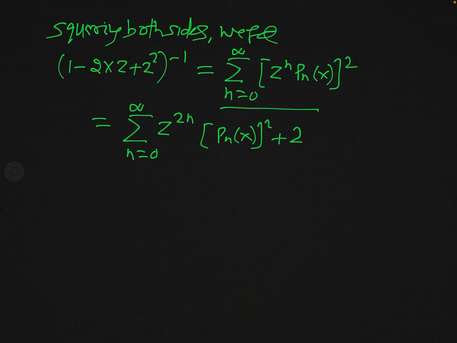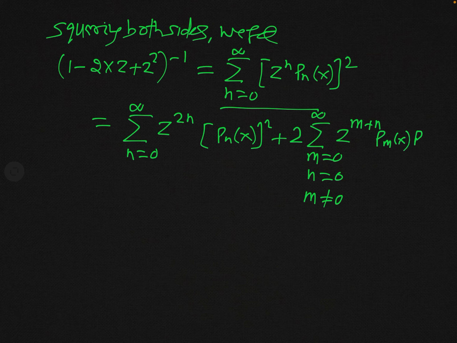So the cross terms will be 2 summation m equal to 0, n equal to 0, but m not equal to n, up to infinity, z to the power m plus n into Pm of x into Pn of x.